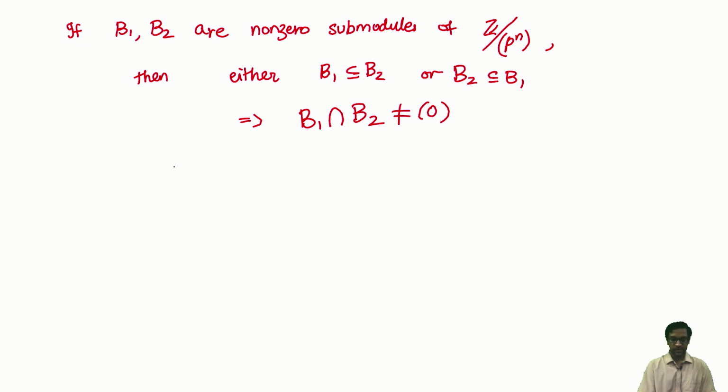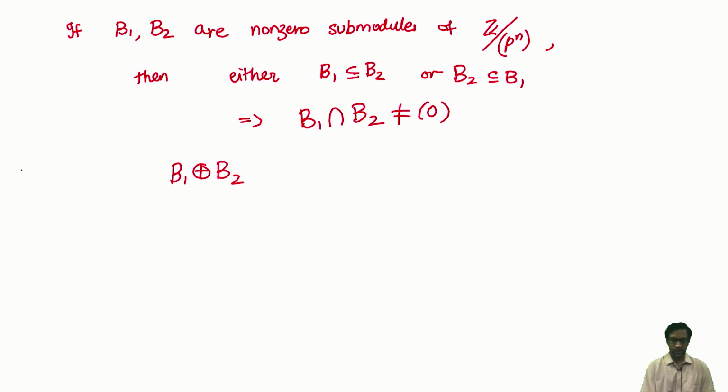It means that these two are not independent. Remember, to say that the whole thing is a direct sum of these two, what I need is that their intersection must be 0, and their sum must give me the whole module. Now in this case, the intersection itself is not 0.